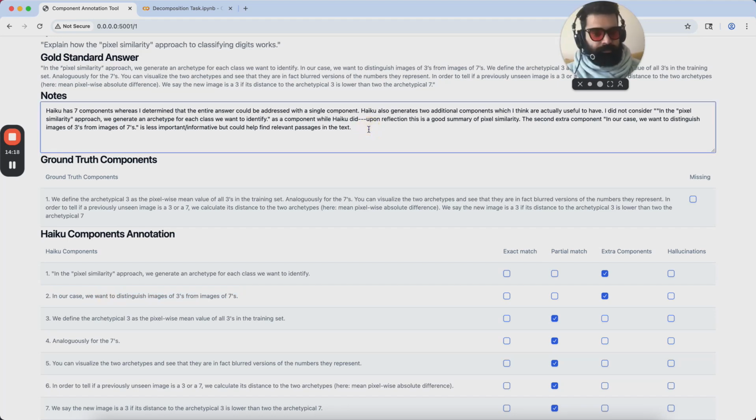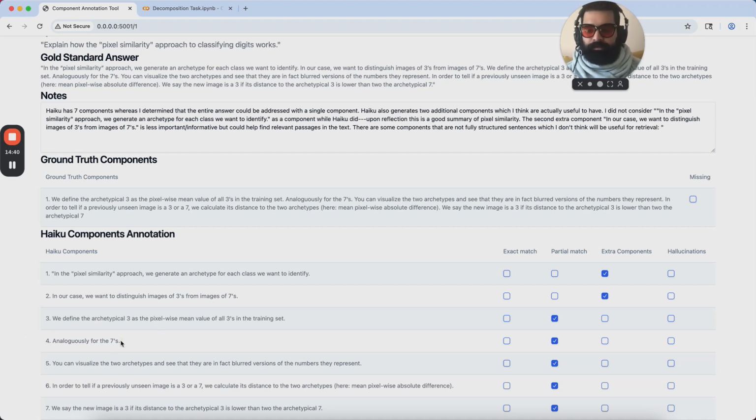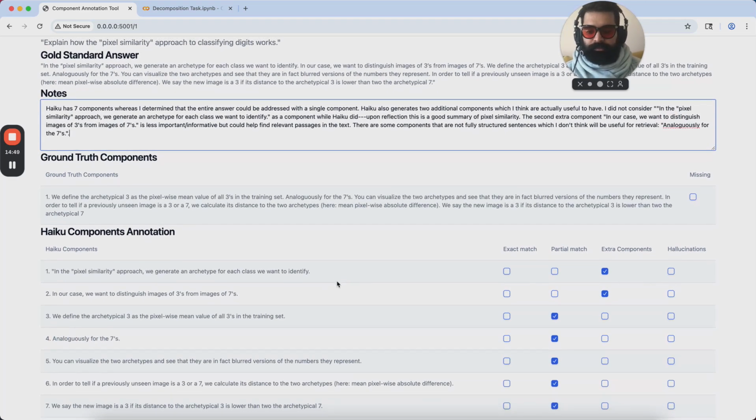And then there are some components that are not fully structured sentences, which I don't think will be useful for retrieval. And then this is an example. And I think that's the only one.